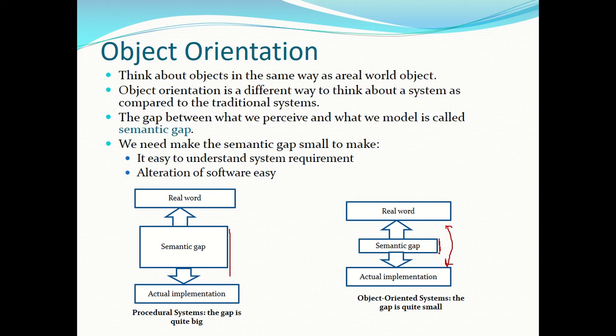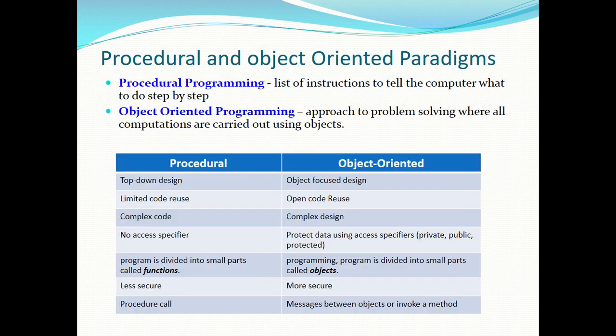I need you to understand the meaning of semantic gap, the purpose of reducing the semantic gap, and which is better at reducing it, procedural language or object-oriented language. This is one of the advantages of object-oriented programming language over other traditional programming languages. So what is a procedural language and what is object-oriented programming?